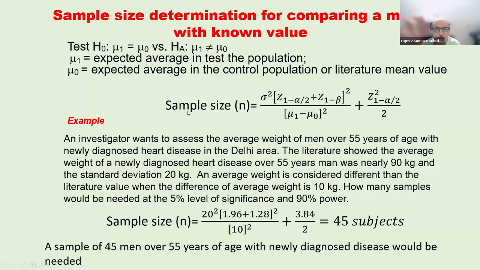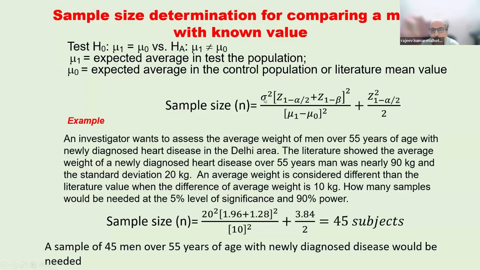First I explain the sample size formula. The sample size formula is the standard deviation squared, which is your sample standard deviation, multiplied by Z(1 minus alpha by 2) plus Z(1 minus beta), squared, and this is divided by mu1 minus mu2, squared. Now if somebody asks about effect size, remember that this is the difference of means divided by standard deviation.